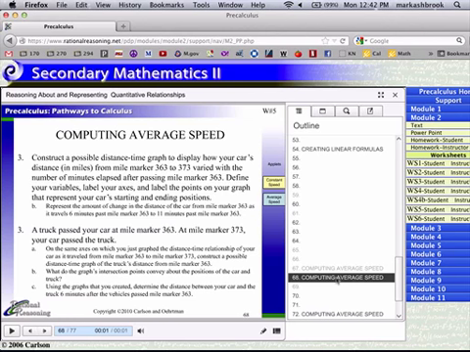Time in t? Go back to 363. Two minutes later, the value is t. Time since passing 363.